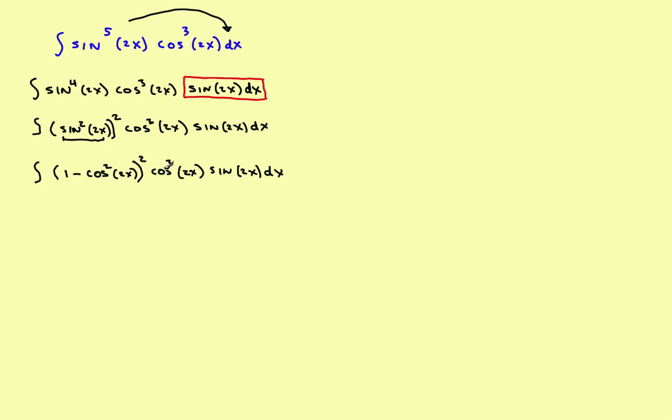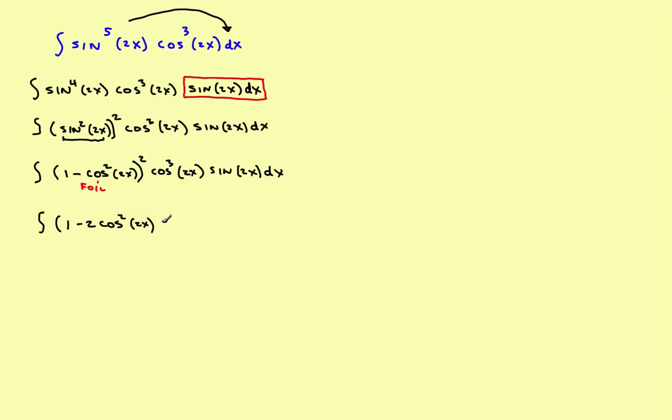So again, the purpose of that is to change this entire thing into cosine. Okay, now the next thing you've got to do, you've got this thing squared, so you have to FOIL this. Multiply 1 minus the cosine squared times 1 minus the cosine squared. And when you do that, it will turn into this. It would be 1, then minus 2 times the cosine squared of 2x.